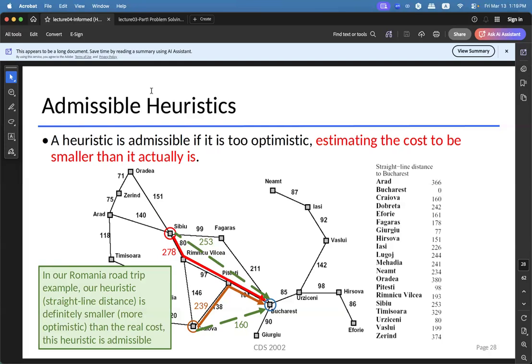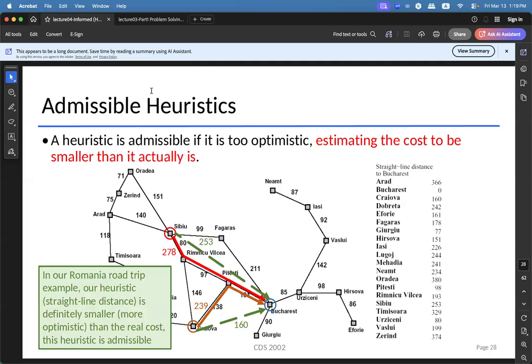The term admissible heuristic means that you try to predict the cost with a value smaller than the real cost. Your prediction can never be bigger than the real thing.